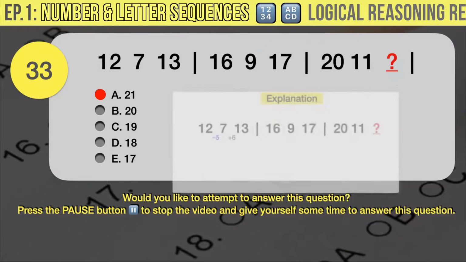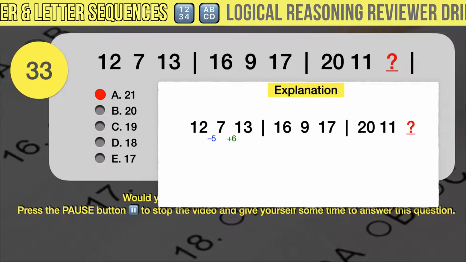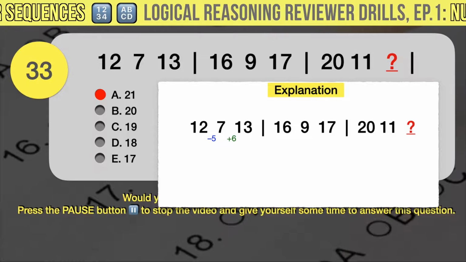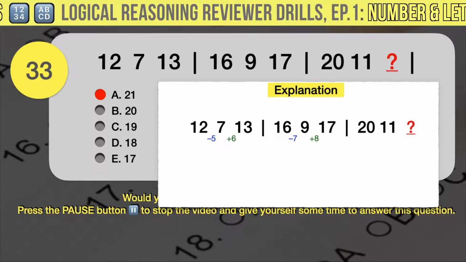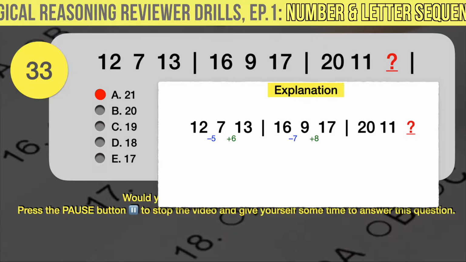21. In the first segment, the pattern is as follows. 12 minus 5 equals 7, plus 6 equals 13. In the second segment, the pattern is as follows. 16 minus 7 equals 9, plus 8 equals 17.